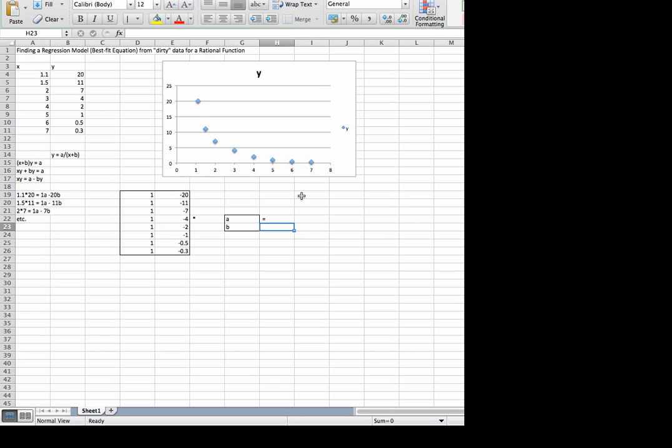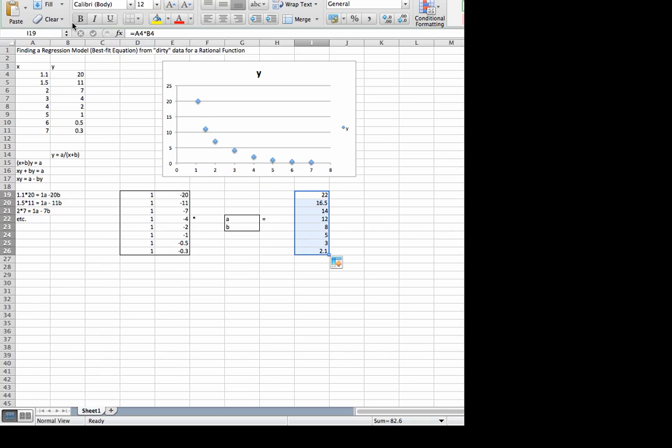So I'm going to come over here and say equals, and take the x value times the y value and hit enter, and now it's doing all of the computation for us, and we just fill that down, and we can check that out. 5 times 1 is 5, 6 times a half is 3, so it's just multiplying the x times the y.